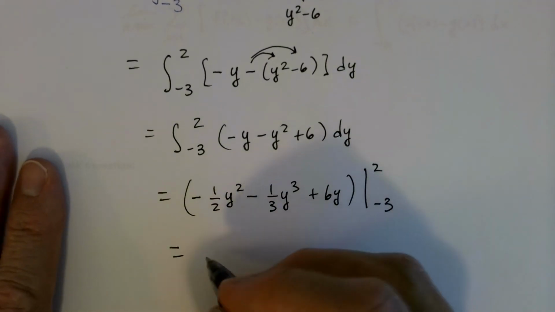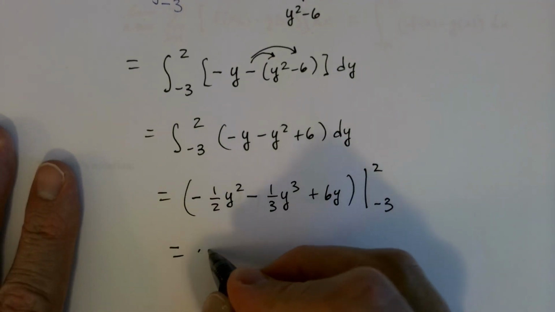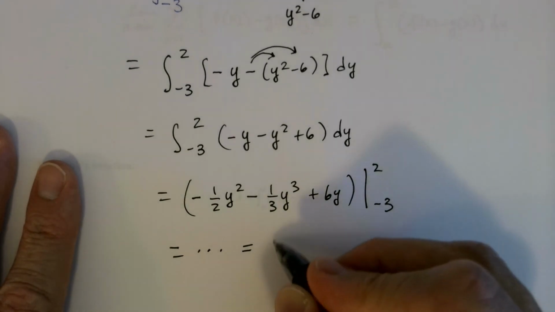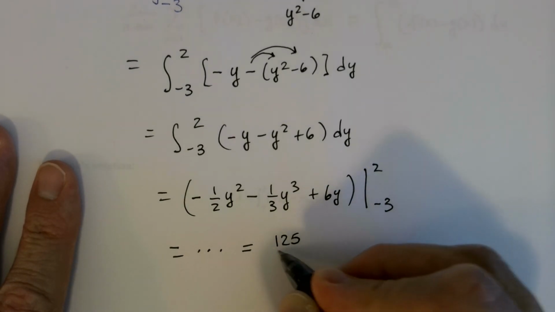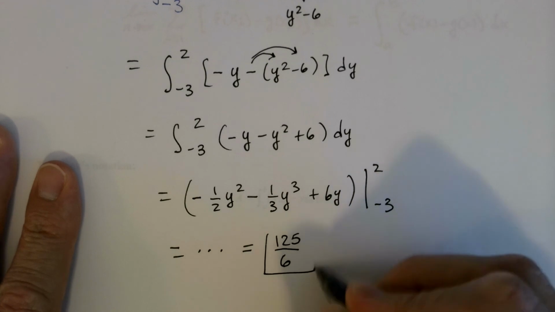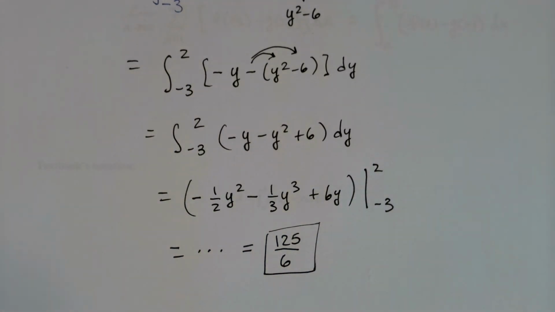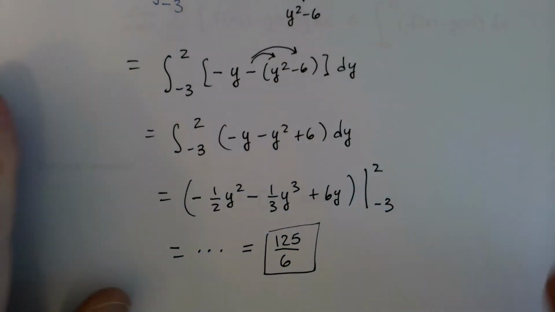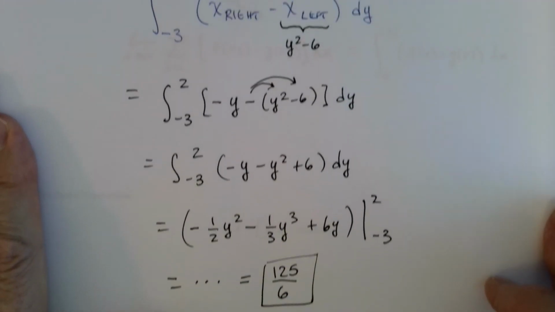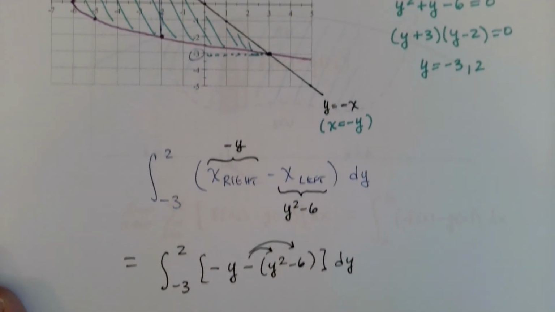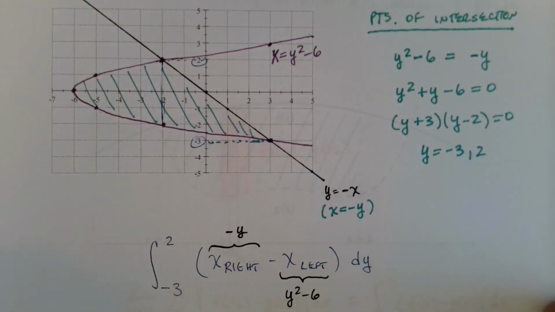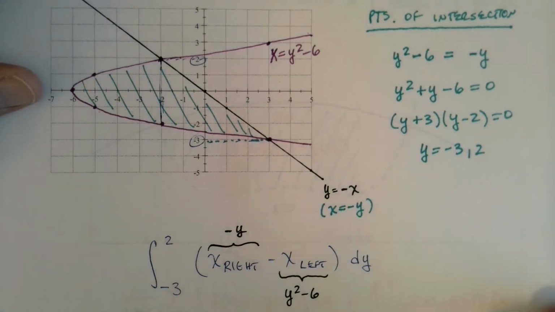So I'll let you grind out the work on that, and you should be getting 125/6 as your result. So that is an important thing to see, that we can simplify calculations sometimes by integrating with respect to the y-axis.